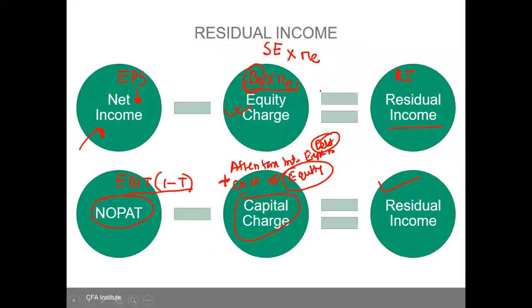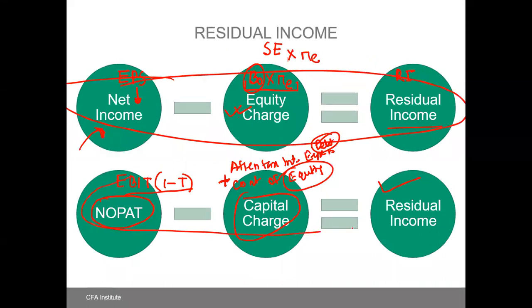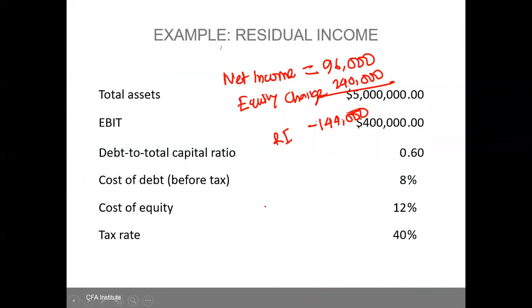So what we have done, we have used the application of this part. If you are consistent, this should give you the same number. So let's start with NOPAT. We would like to prove that both give us the same number. So it is our EBIT.